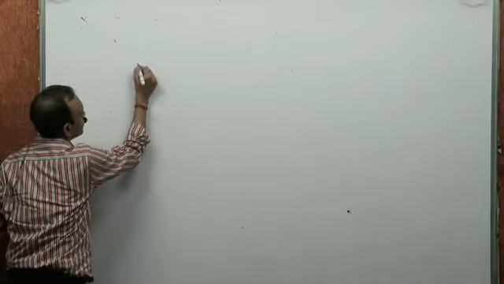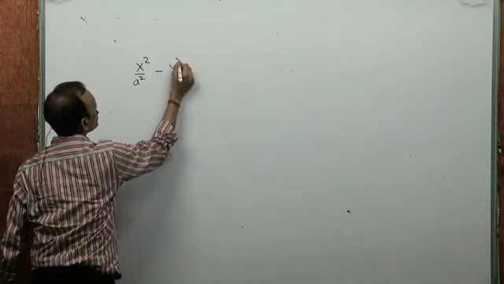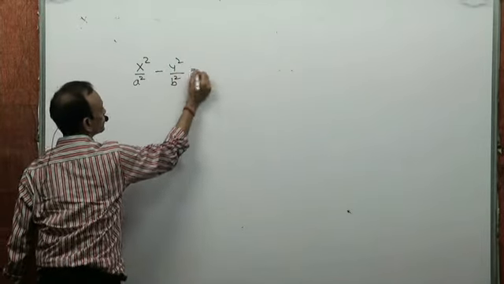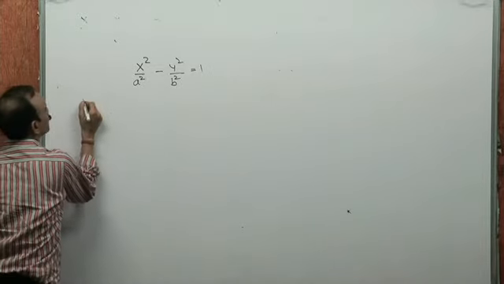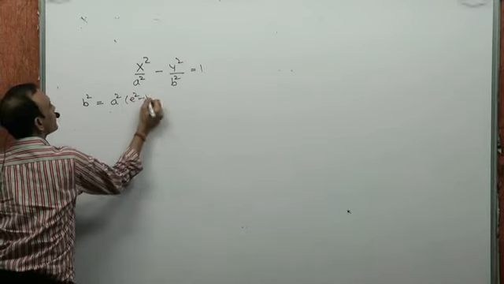Going back to this hyperbola, x squared by a squared minus y squared by b squared equal to 1, where b squared is a squared into e squared minus 1.